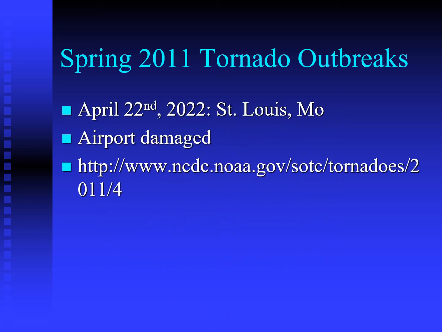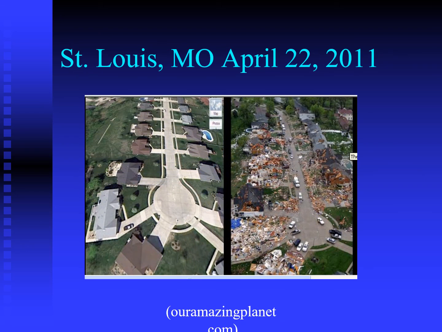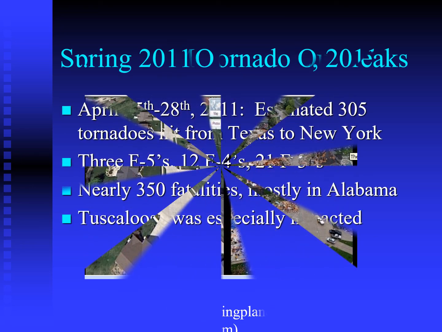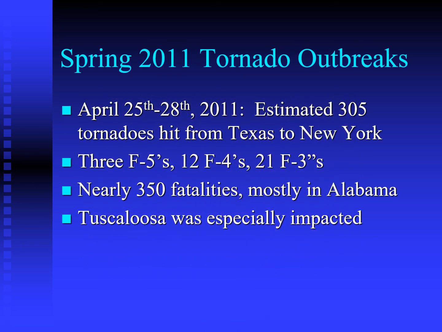Okay, so then later, and that's a typo, that should say April 22nd, 2011, St. Louis, Missouri got hit really bad. This is a before and after image of a neighborhood. Later still in April, the 25th through the 28th, 305 tornadoes. This time they stretched from Texas to New York.